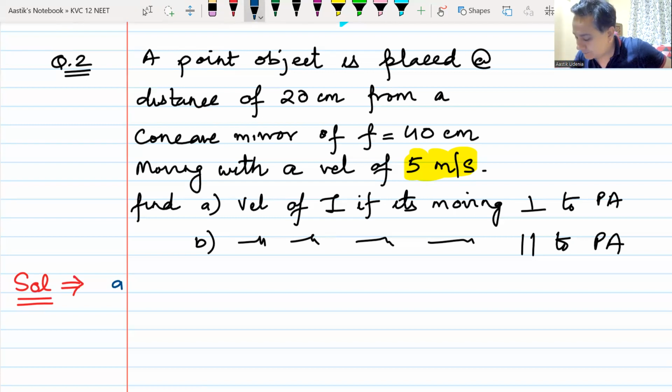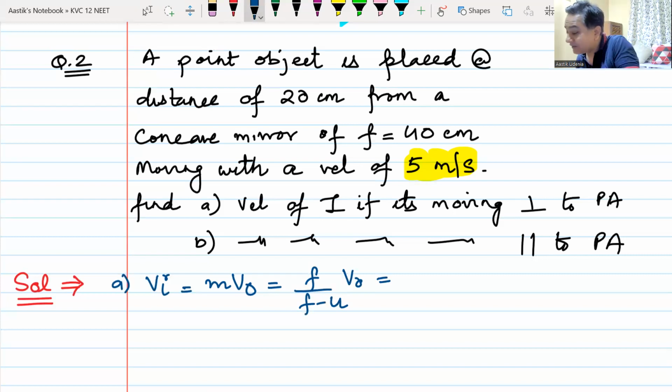In the first case, part A, the velocity of the image is m times the velocity of the object. M is f upon f minus u, into V_O. Let me put the correct values here. So this is minus 40 divided by focal length minus 40 minus minus 20, so it is plus 20.